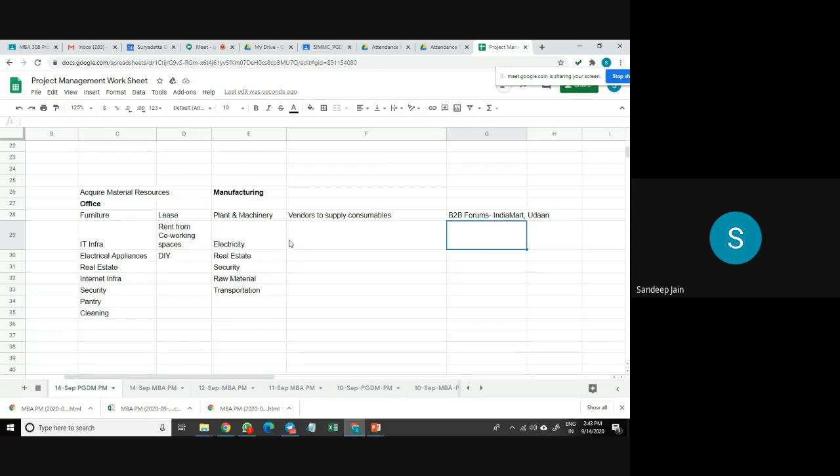Okay, so all of these, like transportation, will have transportation vendors, etc. For real estate, there are industrial parks where you can buy land or you can lease land, buy or lease.